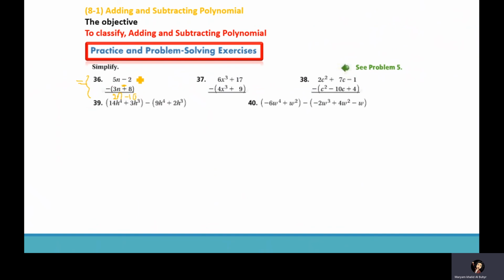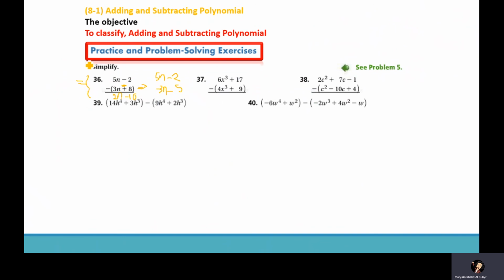If you feel that this is confusing you, you can directly write 5n minus 2, and here you can write negative 3n minus 8 and do your calculation as an addition as I did before.